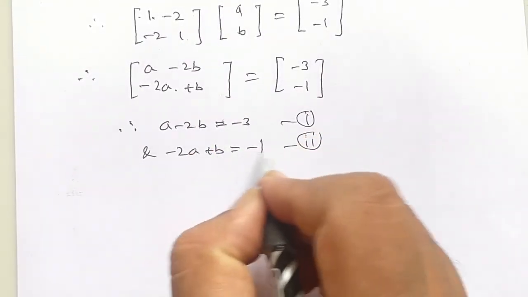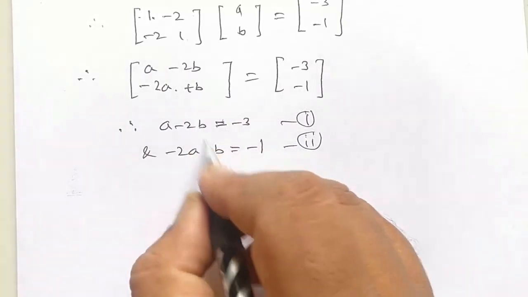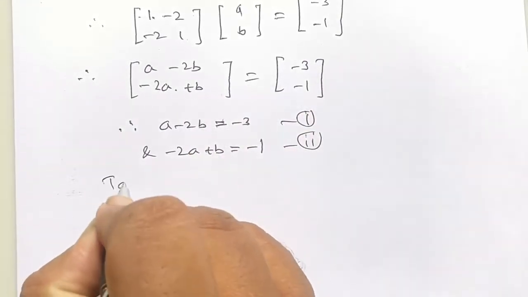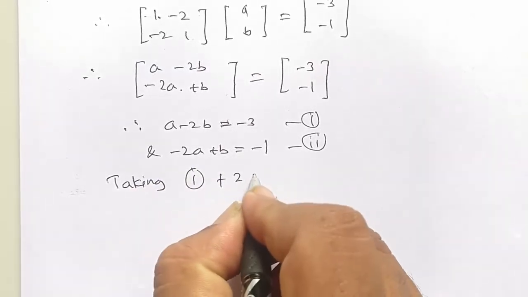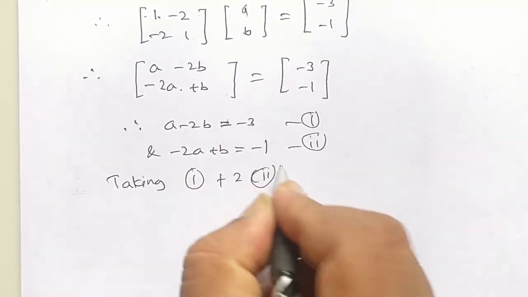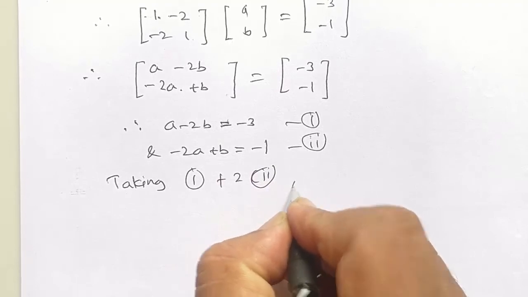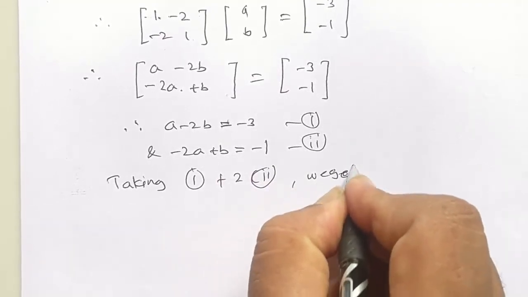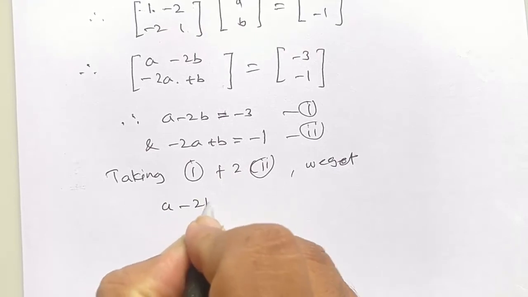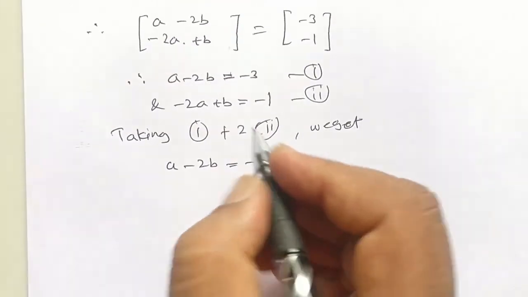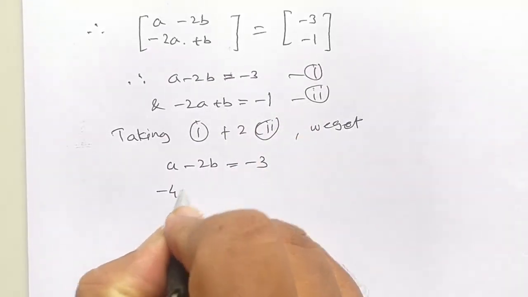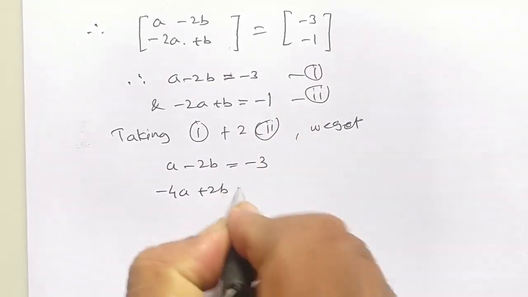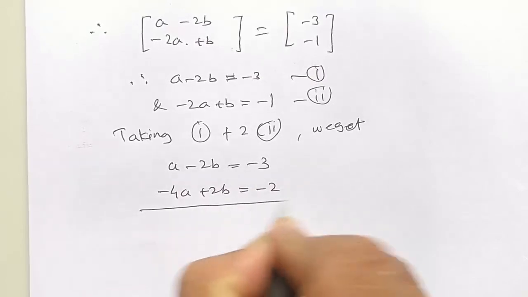We multiply the equation 2 by 2 and add with first, that is taking equation 1 plus 2 into equation number 2, we get A minus 2B is equal to minus 3, multiply by 2 the equation number 2, it is minus 4A plus 2B is equal to minus 2, adding.